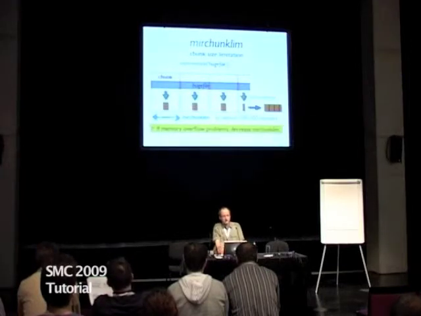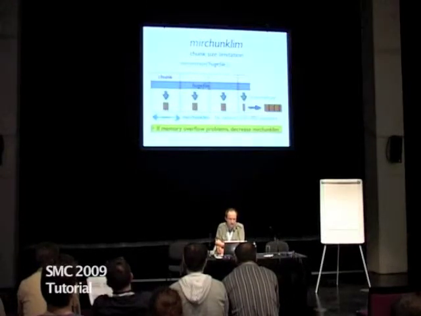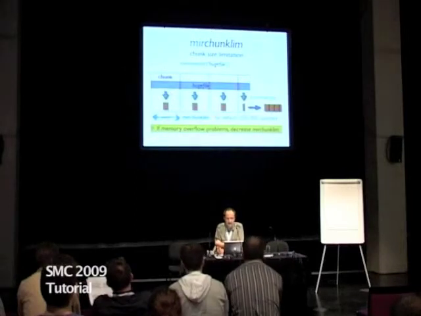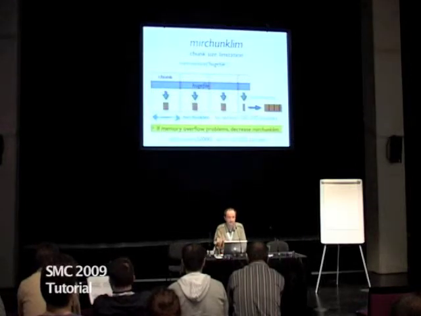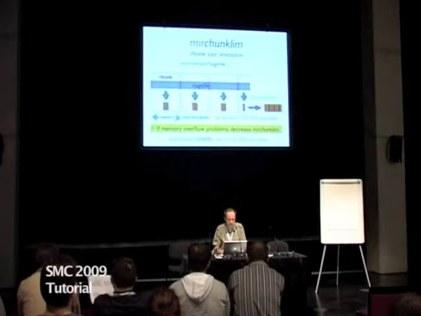But if you still have memory overflow problems, because maybe you have less RAM, or you have other programs open, you can decrease that with MIRchunklim. For instance, say MIRchunklim 50,000, and this parameter is stored in the memory in MATLAB for the whole session.